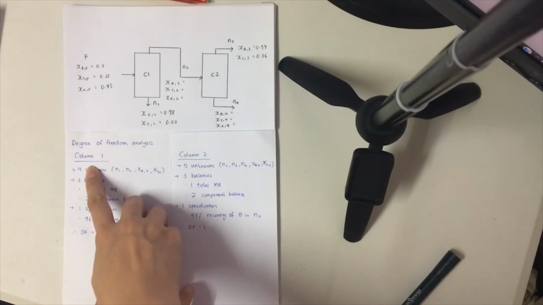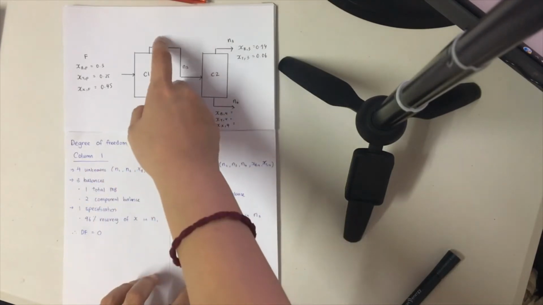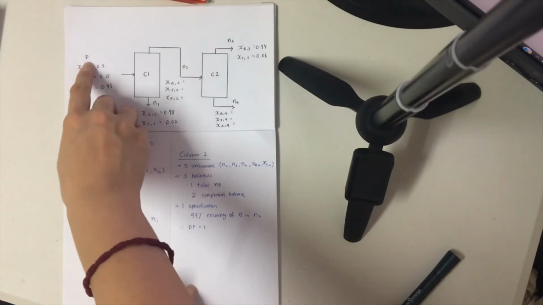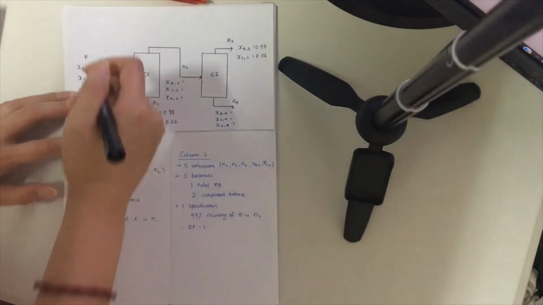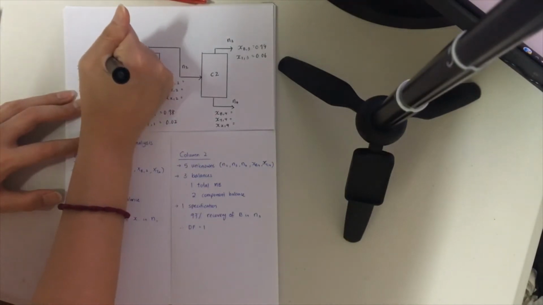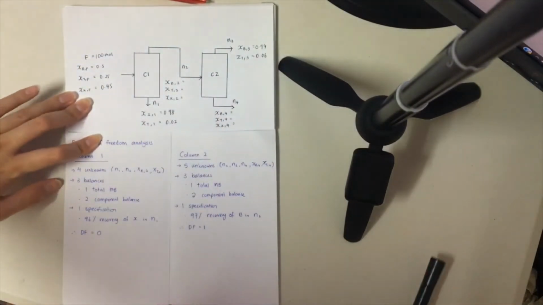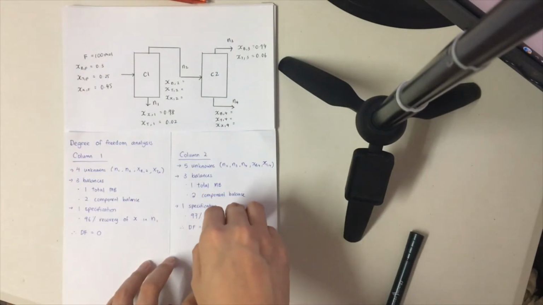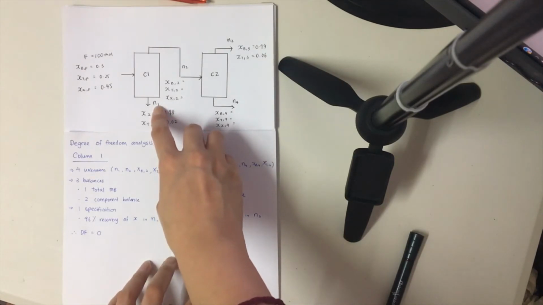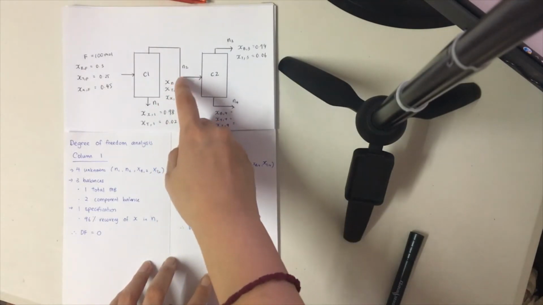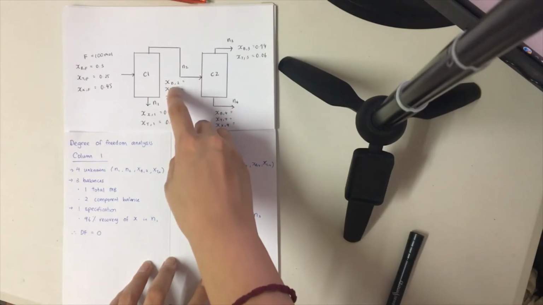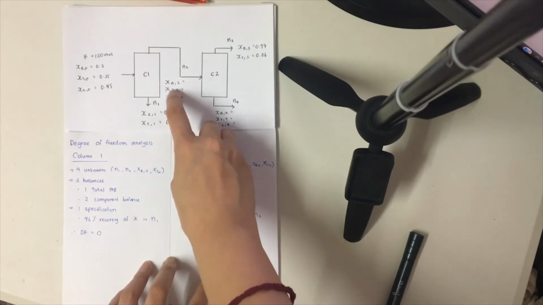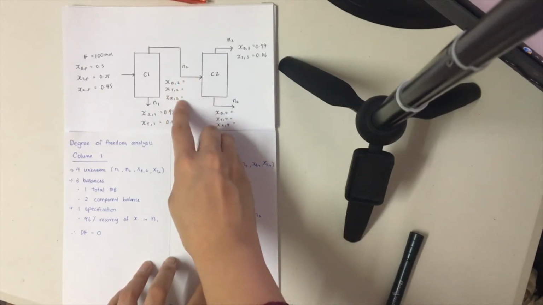For column 1, how many unknowns do we have? We look at the variables around column 1. We can put a basis of 100 moles. We do not know N1, we do not know N2, and we do not know this 2. This one we can find because it is 1 minus this 2, so we don't count it as an unknown.